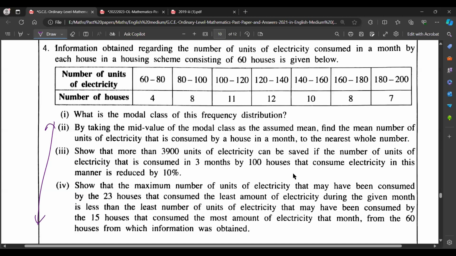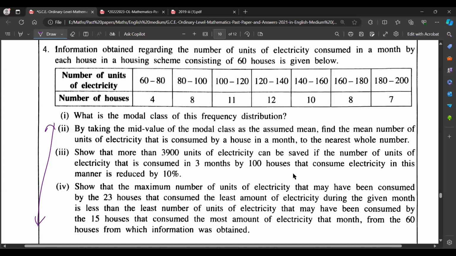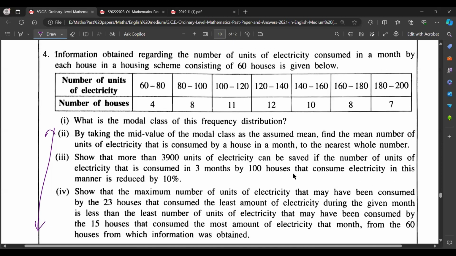How? First of all, what is the modal class? If they give a frequency distribution like this, first of all you have to think about the modal class. They definitely ask you this. The modal class means the highest frequency class.